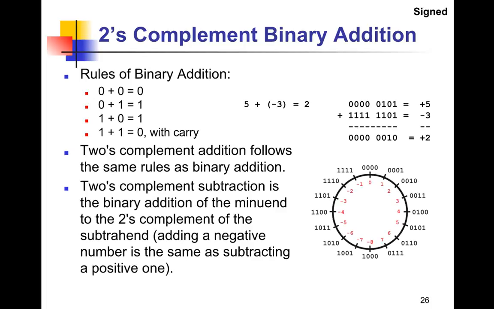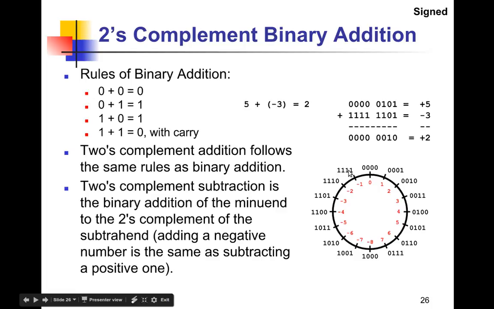That's actually because of the way they did this. They started counting with zeros here, 0, 1, 2, keeping going in binary all the way up to what would normally be 15.